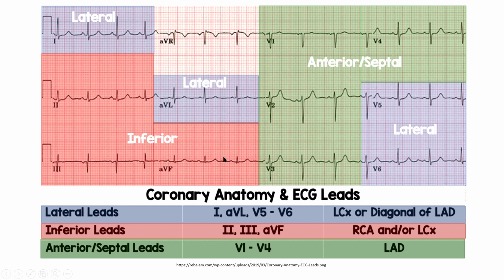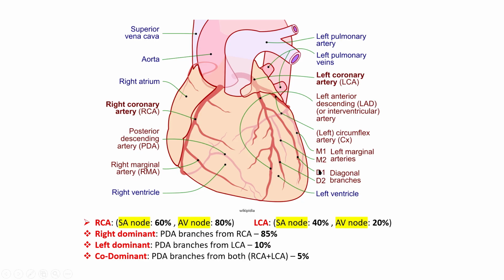The reason is to show you lead 1, lead 2, lead 3, AVR, AVL, AVF, and leads V1 to V6. So please remember, lead 1, AVL, V5, V6 relate to the left lateral side of the heart, V1 to V4 anterior septal, whereas 2, 3, and AVF relate to the inferior side of the heart. I hope that's crystal clear.